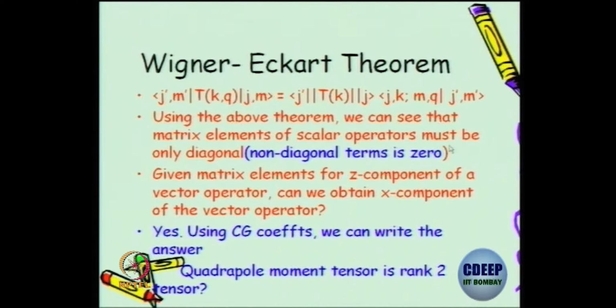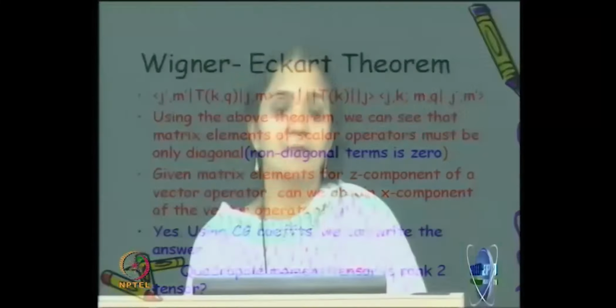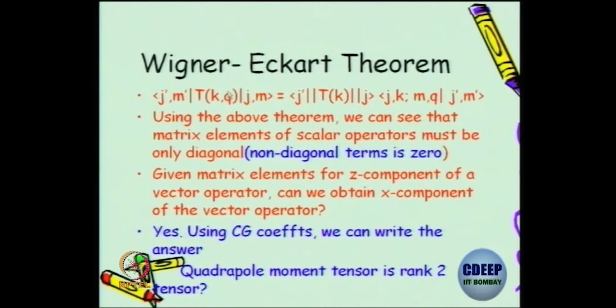You can actually determine all of them, and this is the power of the Wigner-Eckart theorem, where we do the composition of tensor operator on the states, and that tensor operator on the states again can be resolved in terms of CG coefficients. It is really beautiful. There is a way to prove it, but right now let me state it as a theorem.